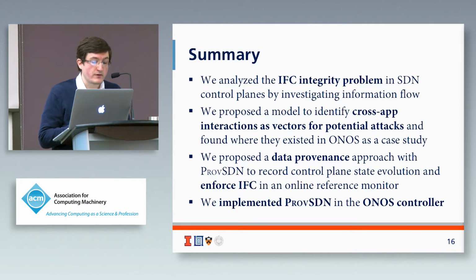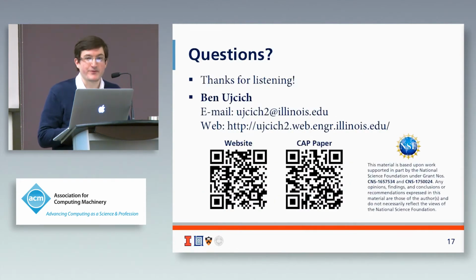We proposed a data provenance approach that we then implemented with our system called PROVSDN to record this control plane state evolution and enforce information flow control in real time through an online reference monitor. And finally, we implemented this in the ONOS controller in particular. So I can take questions now.